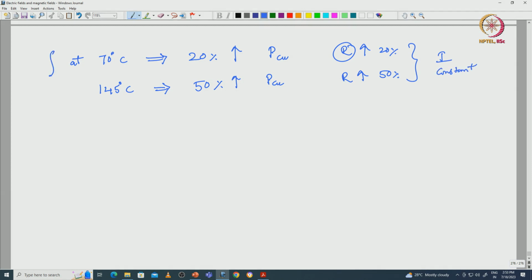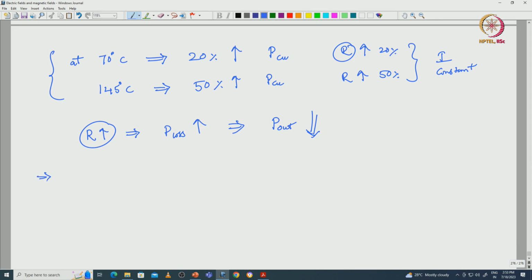So from this analysis we can conclude that the temperature rise results in resistance increment, and this resistance increment results in copper loss increment. So once the losses are increasing, it means output power will come down.